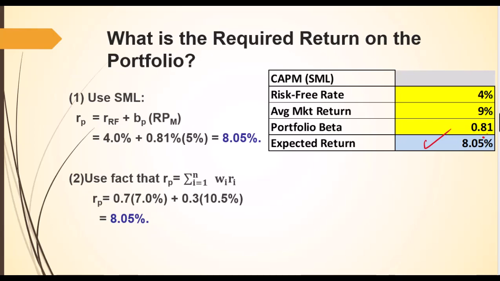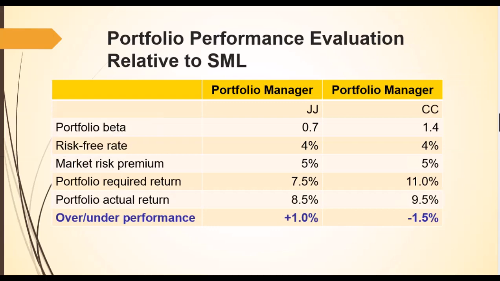So let's see what happened in real life, right? Given our data, what does this tell us about these stocks? So here's our portfolio manager. This portfolio has a beta of 0.7, risk-free rate is 4, market risk premium is 5. So based on the capital asset pricing model, we should earn 7.5%.